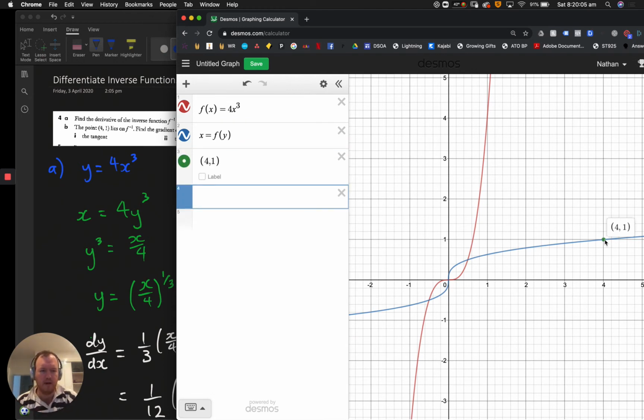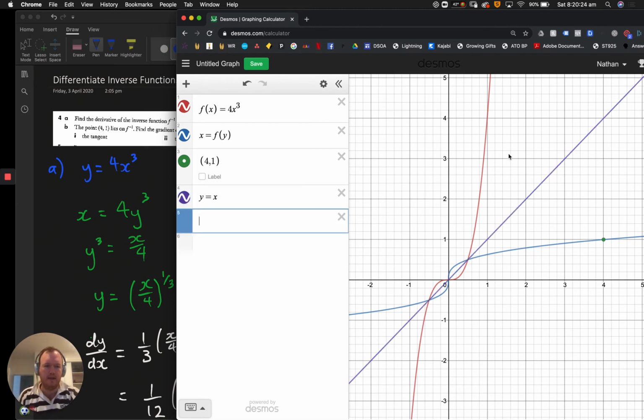So we're looking for the gradient of this tangent here. And it translates from the original curve because the point 1, 4 is on the original curve. So when we swap the x and the y value, or reflect in the line y equals x, which we can just chuck in here as well, we can see that this point is just going to translate straight over to the point 4, 1.